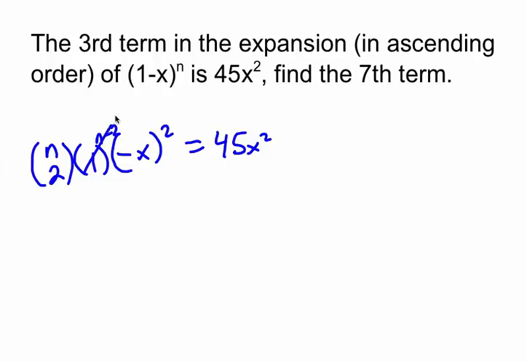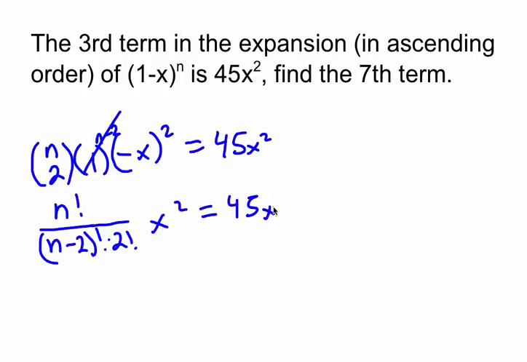So this is going to be 1 right here, and let's take a look at this. According to the formula for a combination, it's going to be n factorial over (n minus 2) factorial times 2 factorial. And here we're going to have x squared, and there we have 45x squared. And notice the x squareds will just cancel, so we're just solving for n. Okay, so the key here is to recognize that n factorial is n times n minus 1 times n minus 2 and so forth.